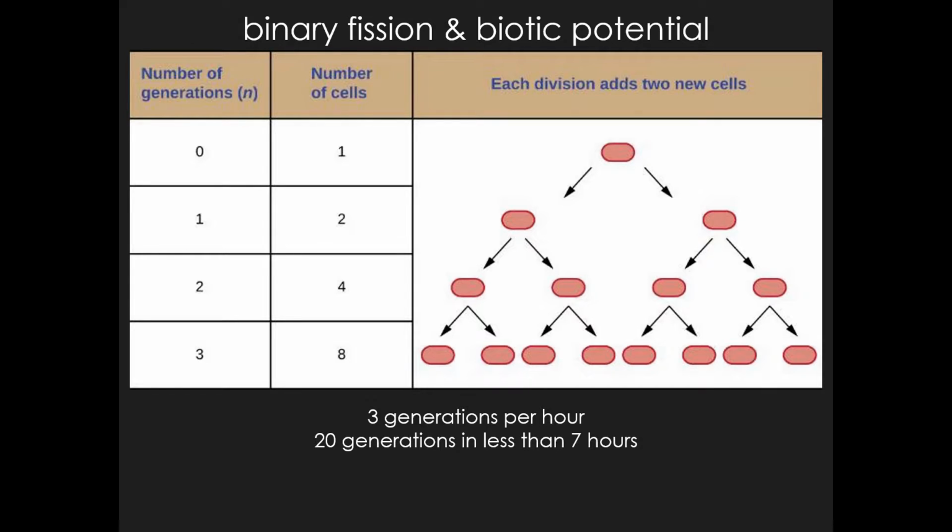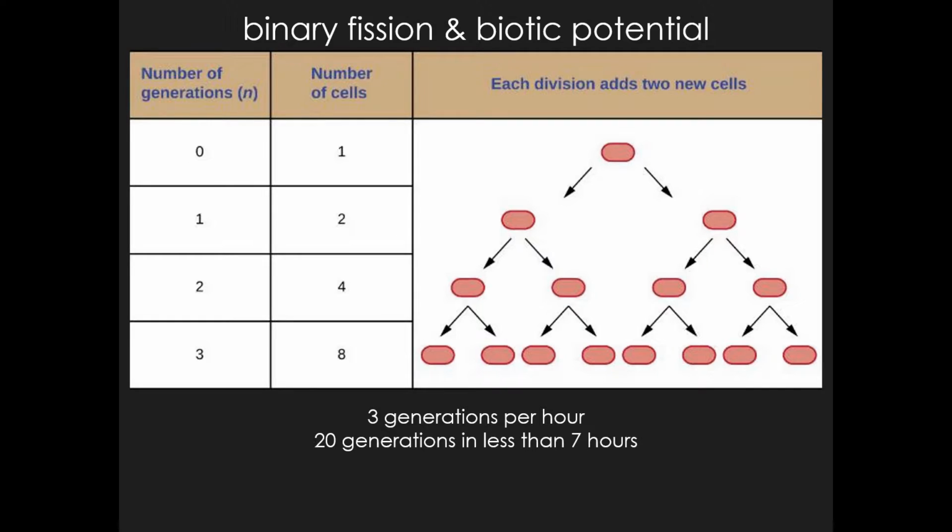They are able to move from one binary fission event to the other very, very quickly. And so their biotic potential has nothing to do with the number of offspring they have per reproductive event. It has everything to do with how quickly they can move from one reproductive event, go through all of the rigmarole of making all of the pieces that are necessary, and then undergoing another binary fission event.